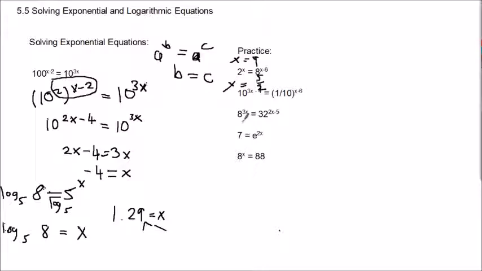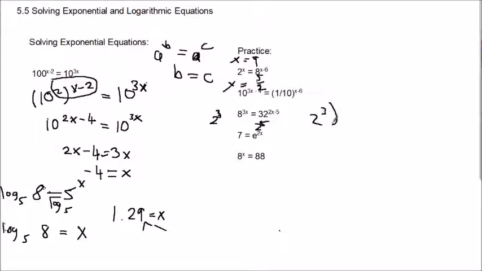So we have 8 to the 3x. 32 cannot give us a base of 8, unless you do some really complicated stuff with the rational exponents, you will not be able to achieve it. So we can make it super simple by just putting them both in bases of 2, because that's 2 to the third power, that's 2 to the fifth power.